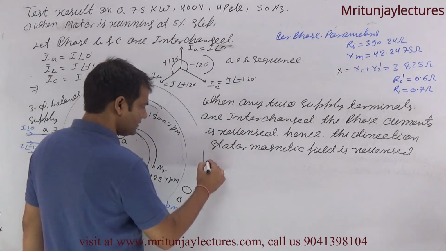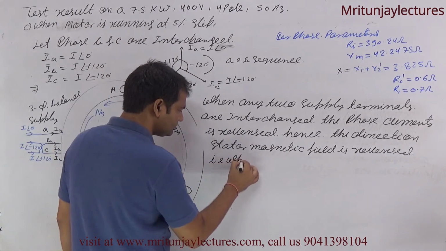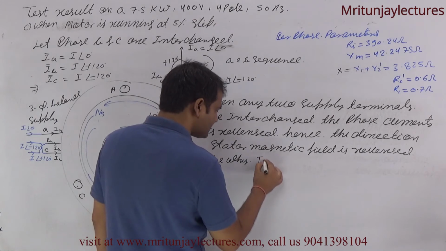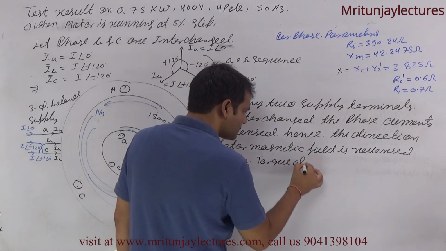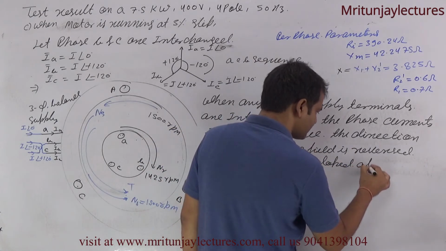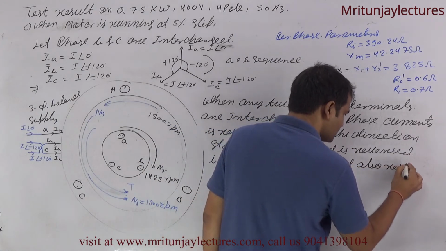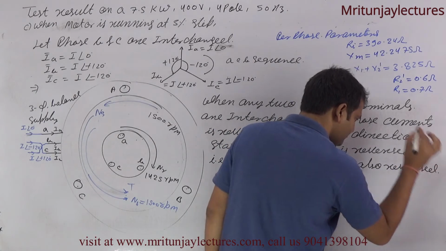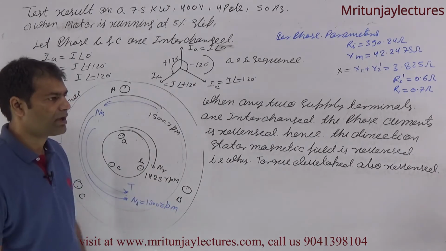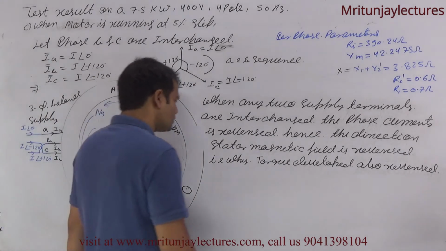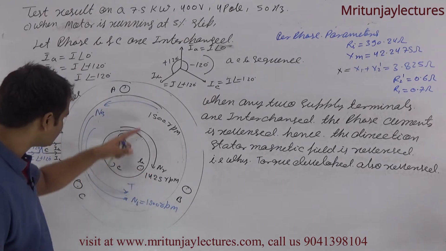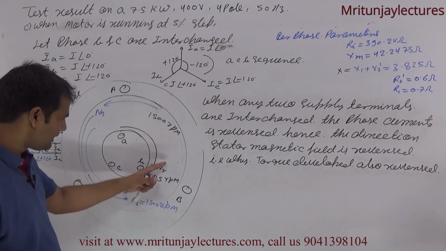Now that's why torque developed is also reversed. Clear? This line is clear? Now due to reversal of the torque, what about the speed? The rotor speed also decreases because of the direction of the torque and the rotor speed.